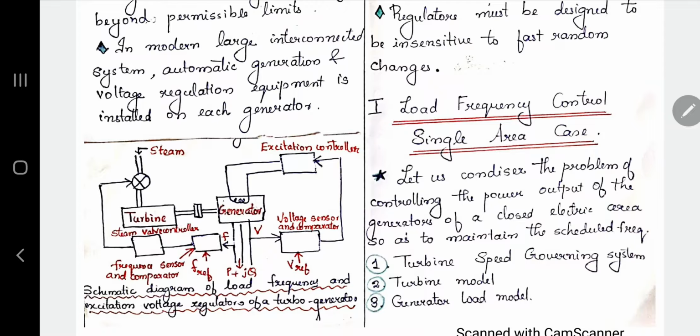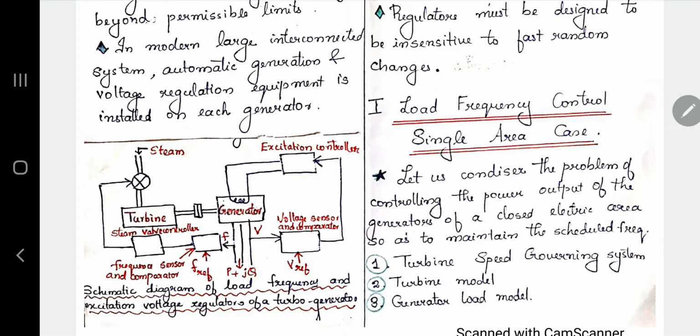In modern large interconnected systems, the automatic generation and voltage regulation equipment is installed on each generator. Why? Because manual correction of frequency and voltage is not possible. So, an automatic frequency controller and voltage regulation equipment is used on each generator.